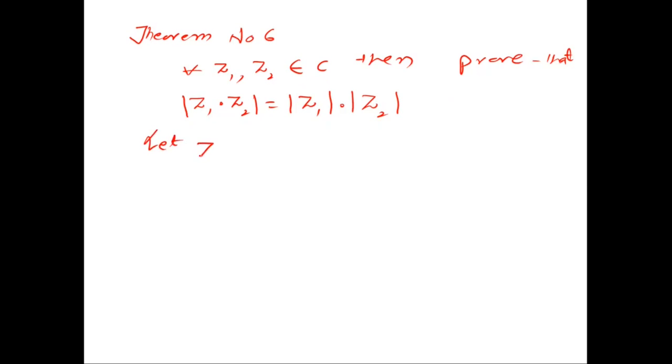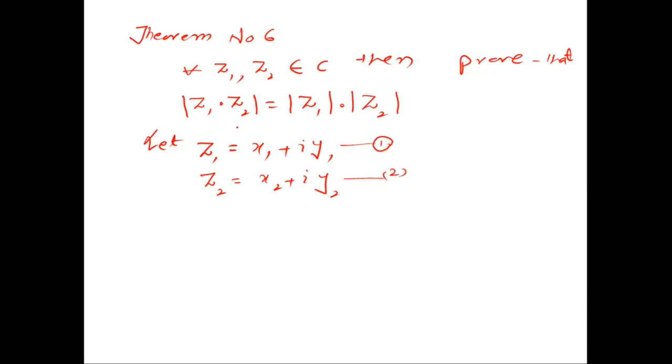Let z1 equal x1 plus iota y1, equation number 1. z2 equal x2 plus iota y2, equation number 2.